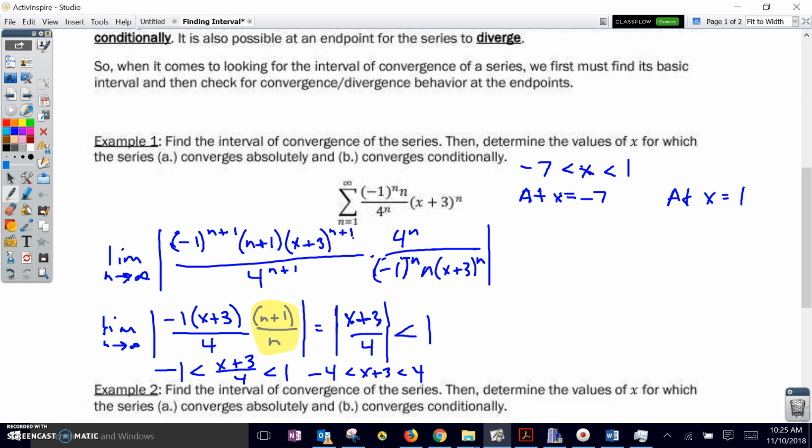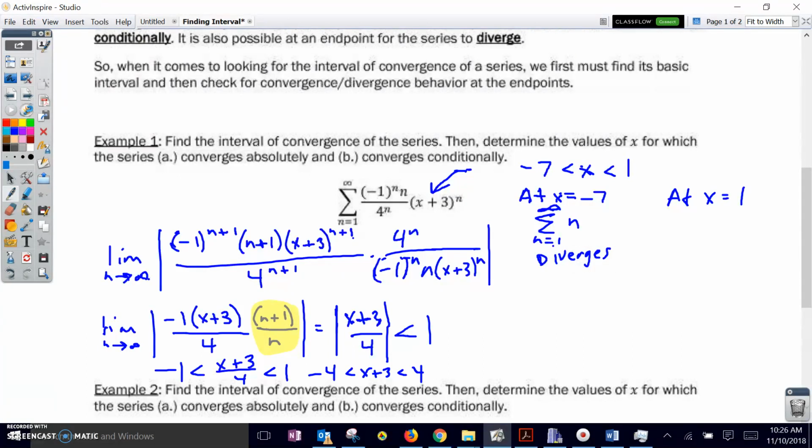Okay, so at x equals -7, I'm going to substitute -7 into my original series, and that becomes -4 to the n times -1 to the n times n. And if I simplify all of this, what it ends up turning into is the sum from 1 to infinity of n, which diverges. And so this endpoint is not included.